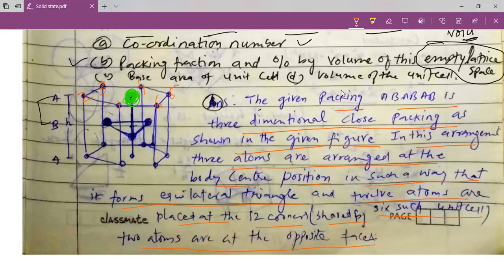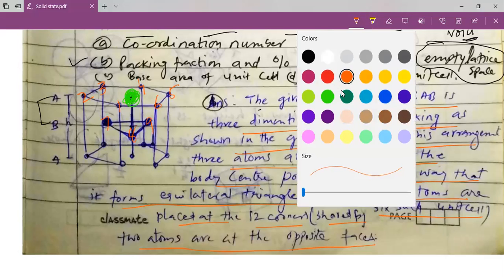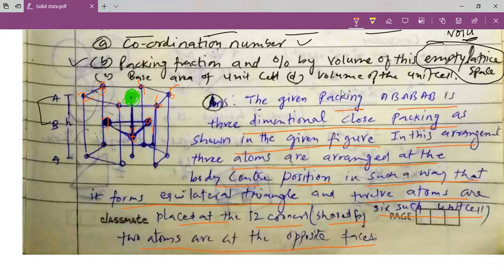Now it is also in contact with 7, 8, and 9. Now above this, we can also plan a few more available in the same manner. This way we can draw them. And that is the B layer again.